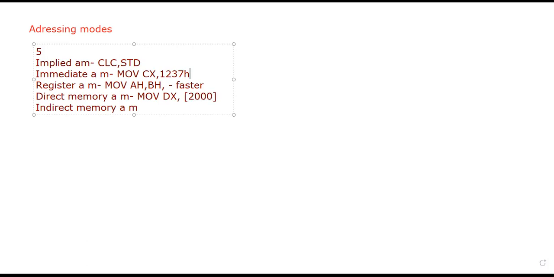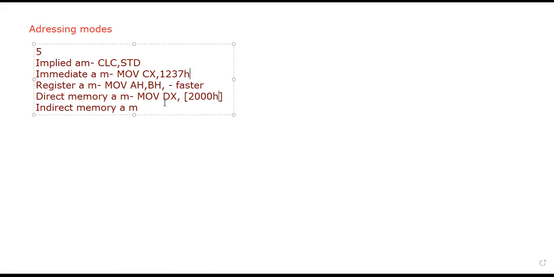If you are interested in moving the value stored at address 2000, the square bracket indicates it is an address. So whatever is stored at address 2000 will move to the DX register. Okay, so this is direct addressing mode.